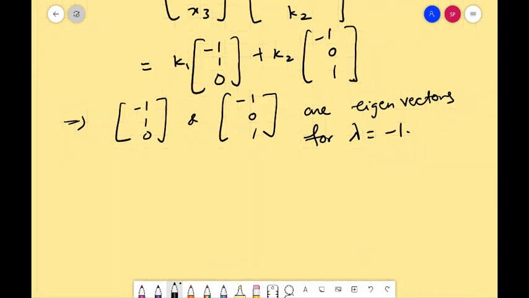Now let us look at how to find the eigenvector for lambda is equal to 5.